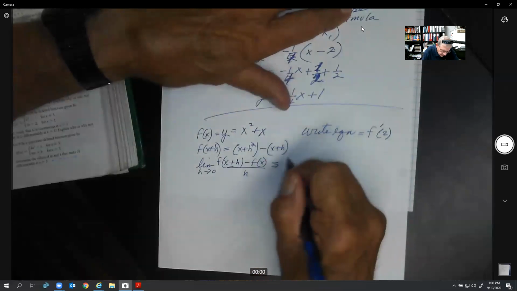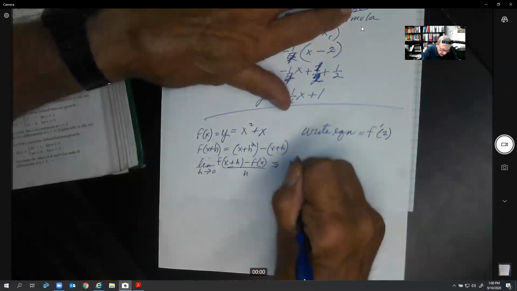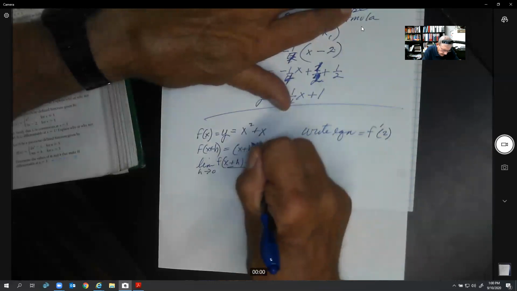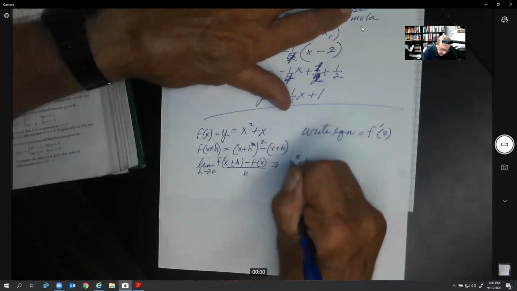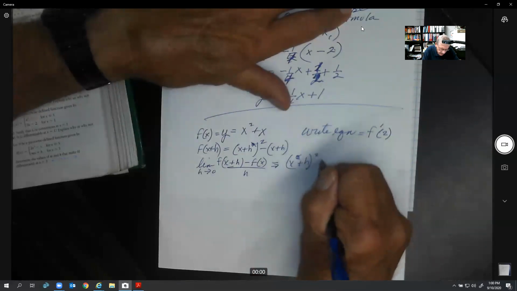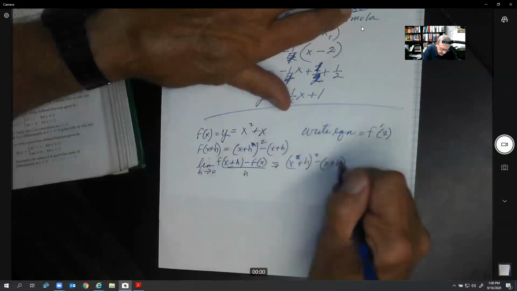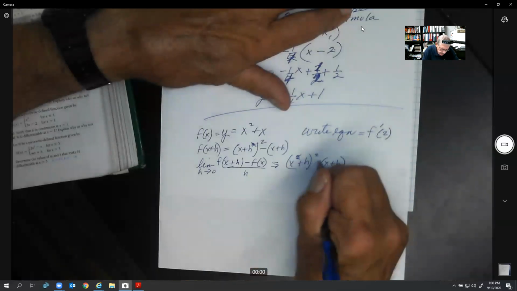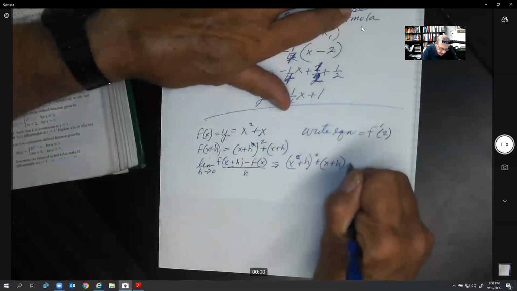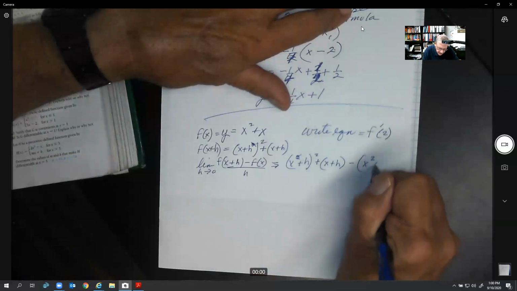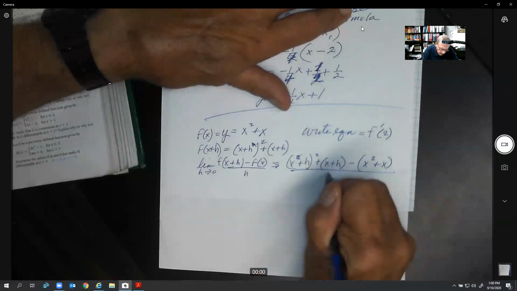So this is going to be x plus h squared plus x plus h, minus the original problem, which is x squared plus x. There we go, over h.